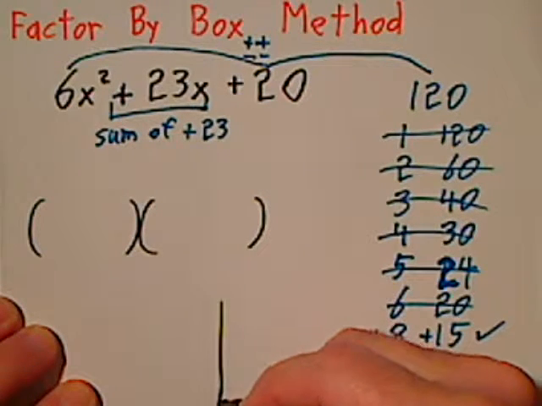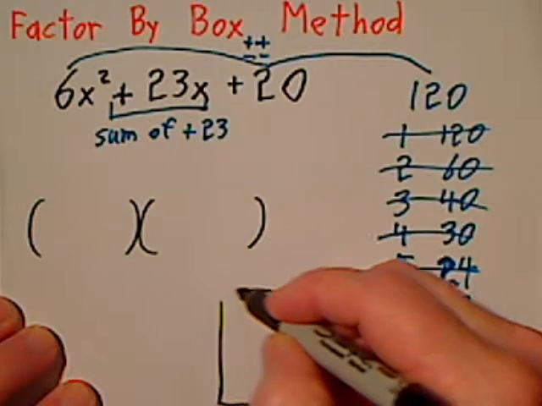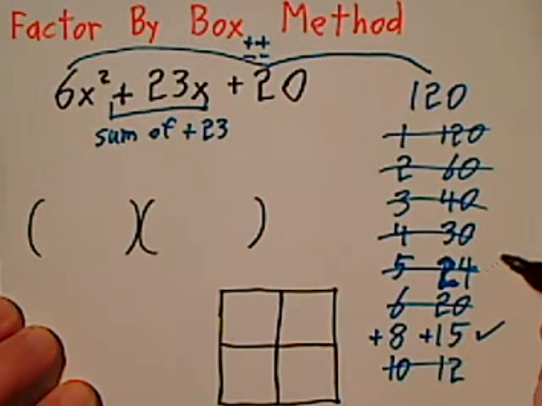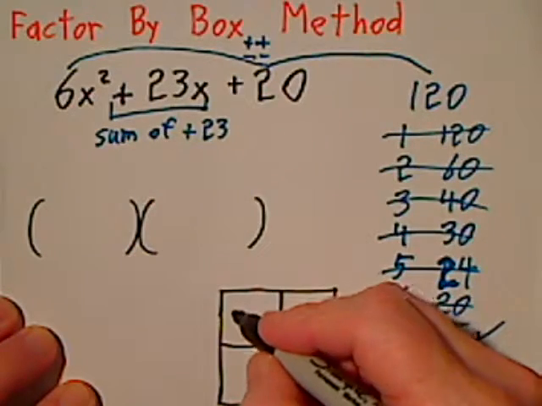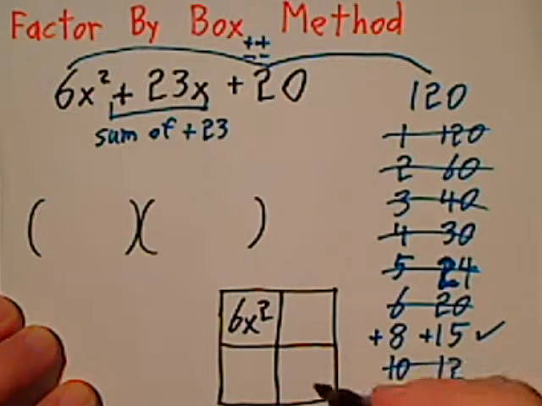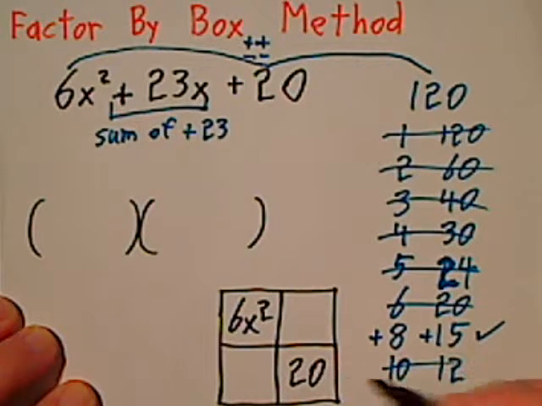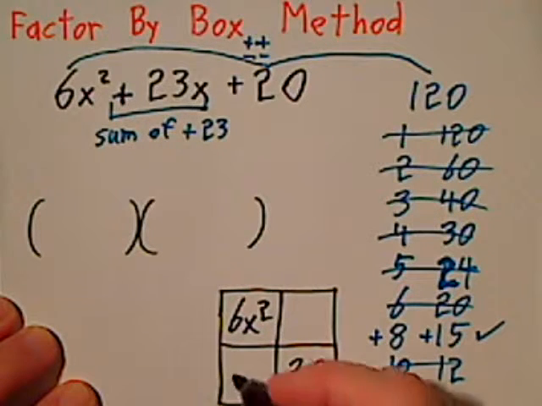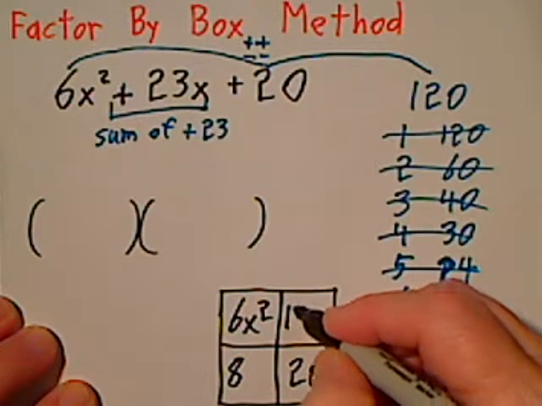So the box method: give yourself a 4-chamber box. The first term goes in the first box. The last term goes in the last box. And then these 2 terms that we did all the trouble to find go in these 2 boxes. It doesn't matter which one goes where, you just have to use them both. So there's the 8 and there's the 15.